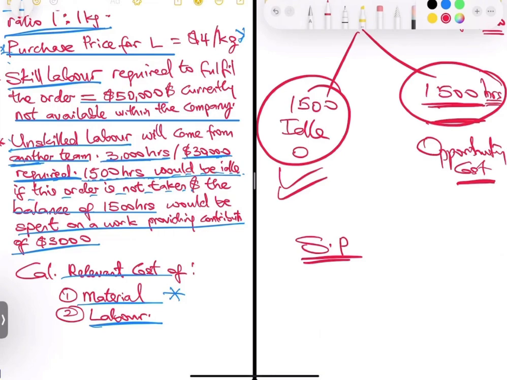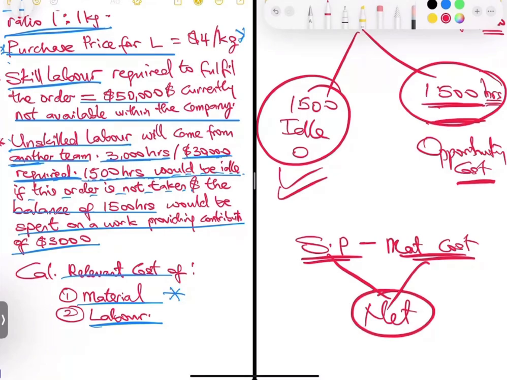What is going to happen? You're going to save on material cost. We did something like this in the previous example. The net is your opportunity cost that you're losing. That's the net cash flow.